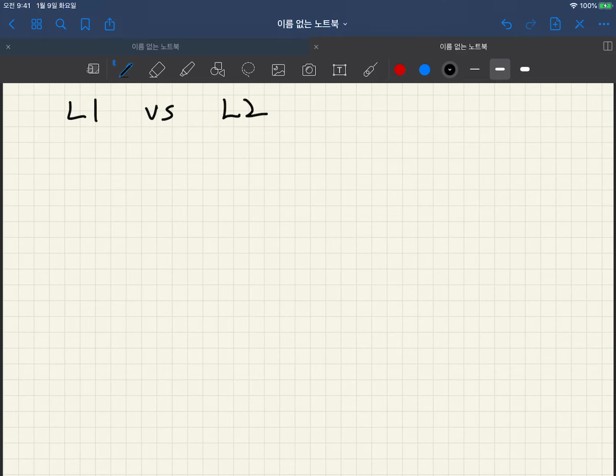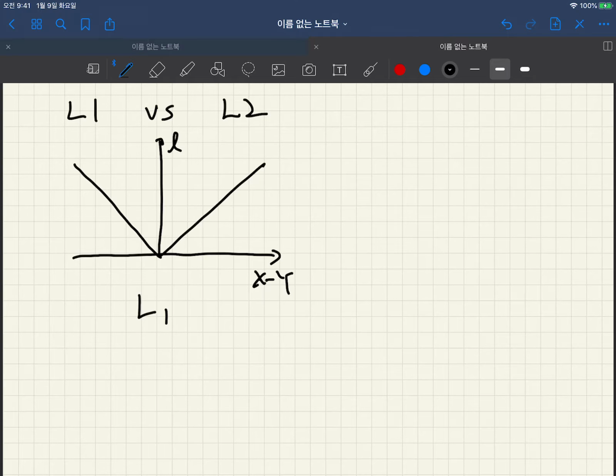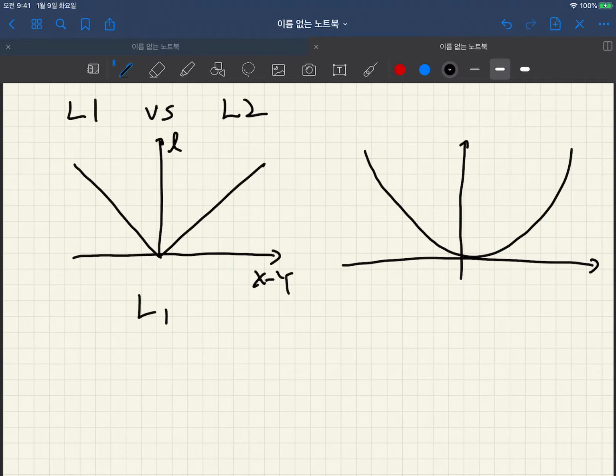Let's say this is x minus y, and the y-axis represents the loss value. Then L1 loss is this. This is the L1 loss function shape. And when you draw the same graph, L2 loss looks like this. Okay.